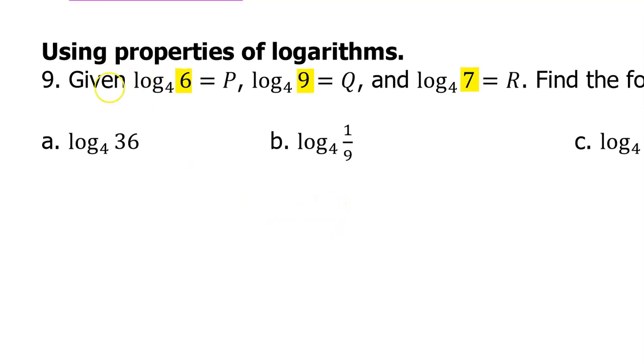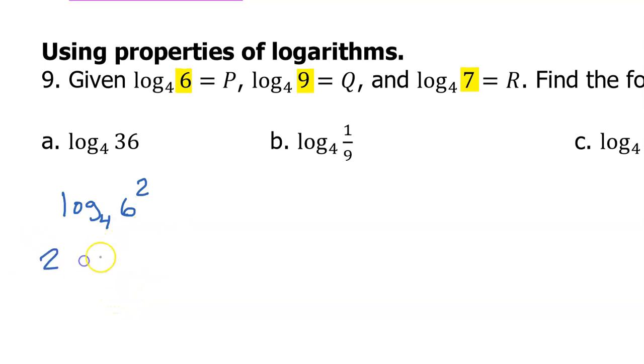So does anyone have any ideas on the first one, how I could turn this into a 6? Sophia, real loud from the back. 6 squared. That's how we can get the 6 involved in this. So if I rewrite this as log base 4 of 6 squared. So now, what can I do with that 2? So now I could put the 2 out to the front.